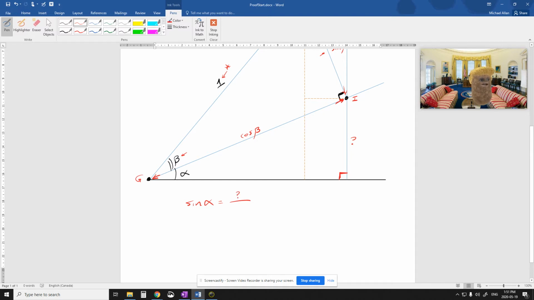It would be the question mark over the hypotenuse, which would be cos beta. So if I just rearrange this, the first question mark is going to be sine alpha cos beta. That looks familiar. So this is going to be sine alpha cos beta. Okay?